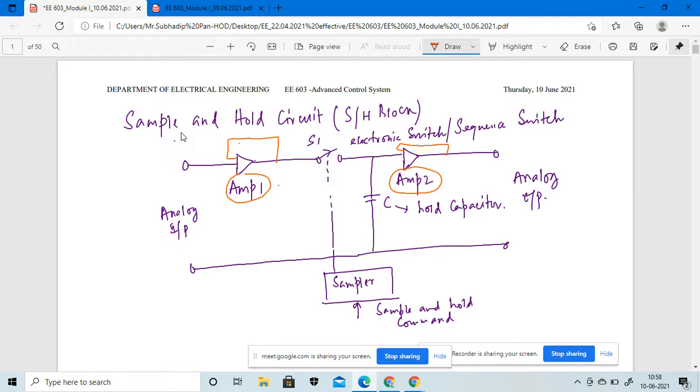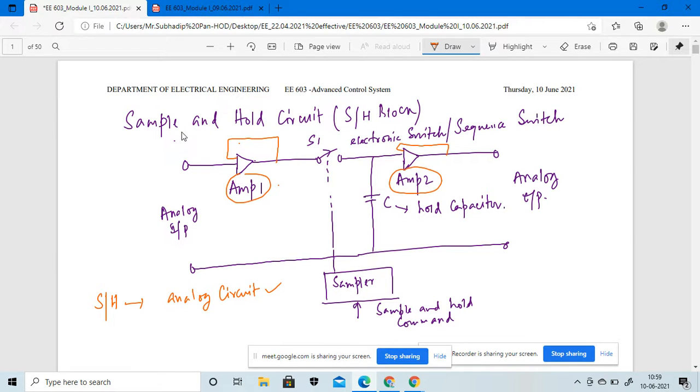So this S and H circuit, always keep these things in mind.